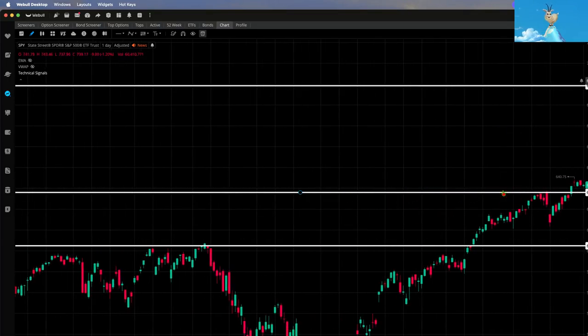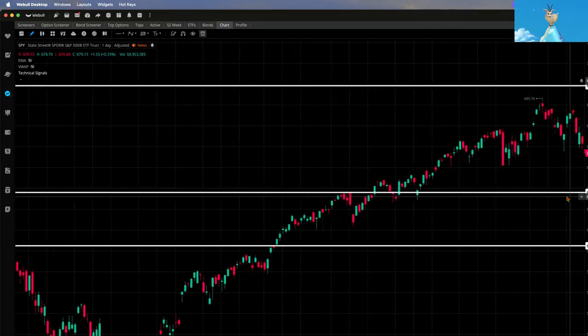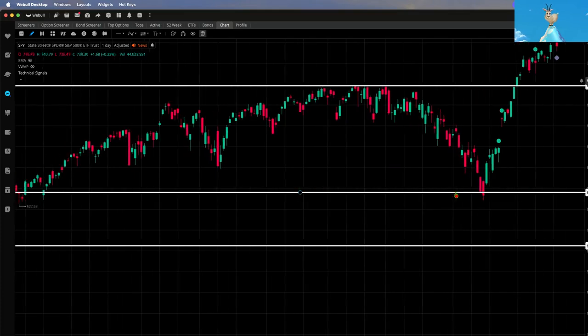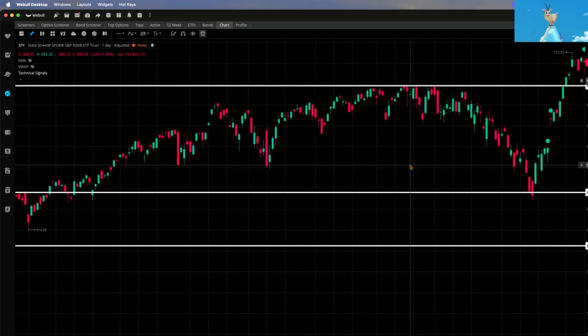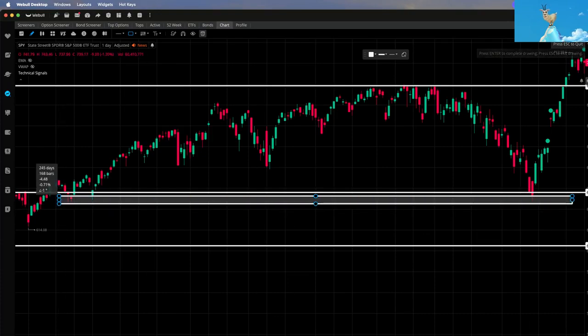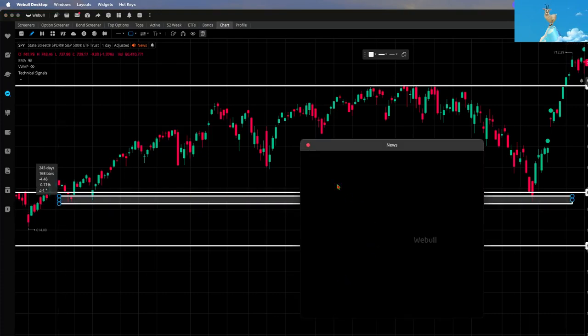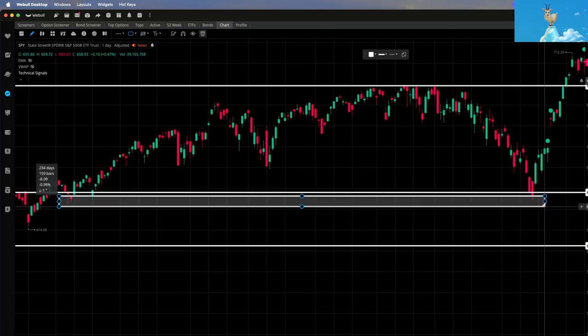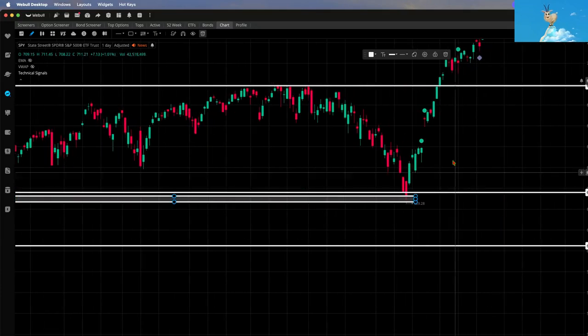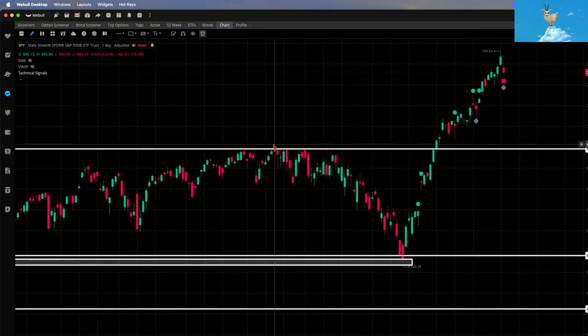The price came all the way up to this level, came down, came back up, and finally broke above that level, just to come back to that level again. Same zone. It bounced off that zone and broke above resistance.